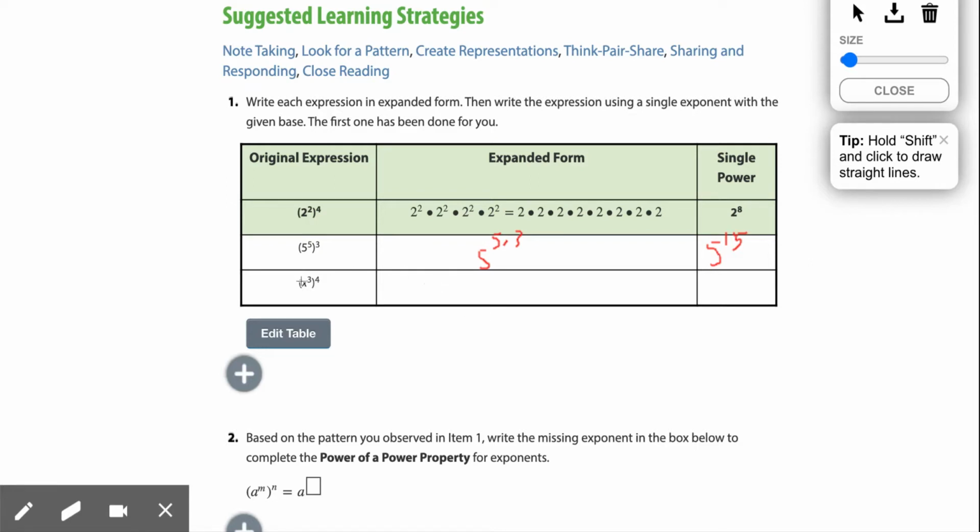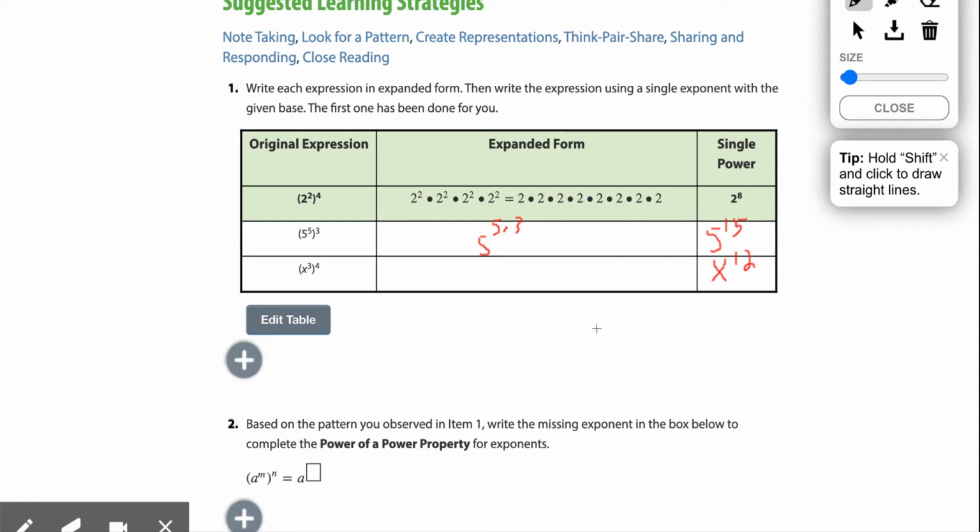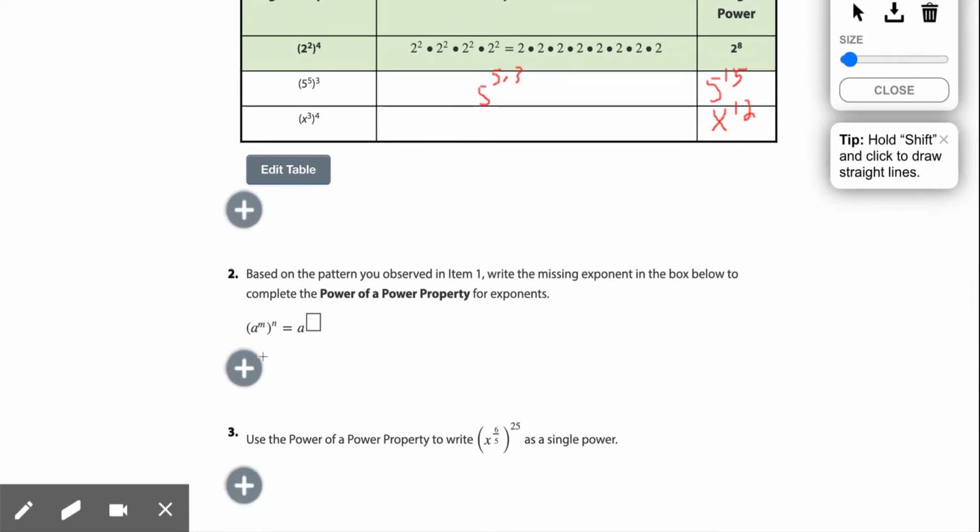You're going to have 4 sets of 3 x's, so it's going to be x to the 3 times 4, which is x to the 12th. You can list all these out and see that's what the power of a power property does. When you raise a power to another power, you multiply the exponents.